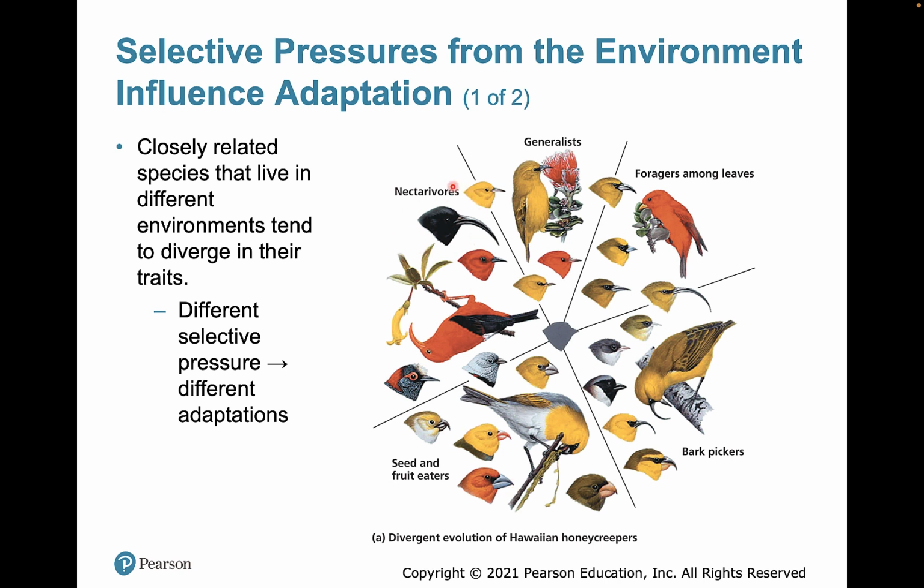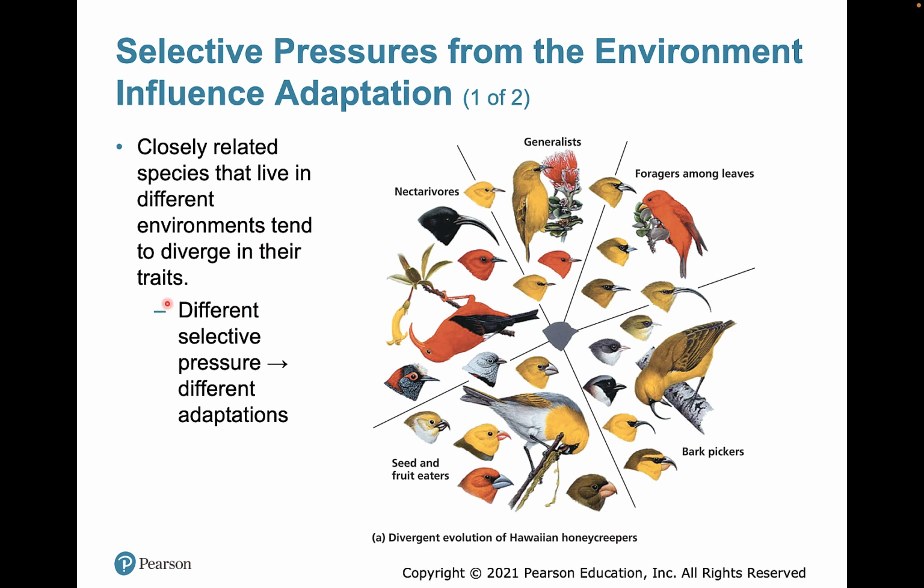This bottom guy, this seed and fruit eater, wouldn't have made it if he's trying to get into flower tubes to get nectar, because his beak is not long enough. So if there were organisms of this phenotype up here with the nectarivores, he's not going to survive and reproduce because he can't get the food to do that.